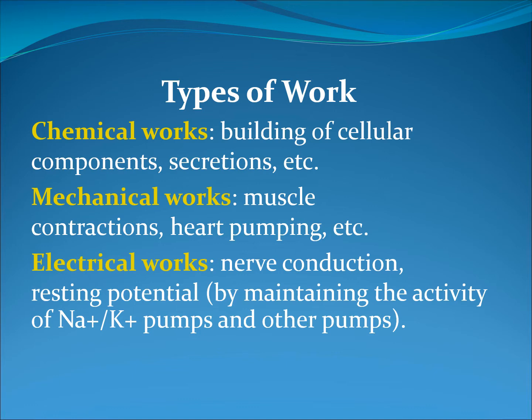As you know, we are keeping a low concentration of sodium inside. We are keeping also a low concentration of potassium outside cells or in body fluids, which is important for the electrical work that is performed in excitable cells.